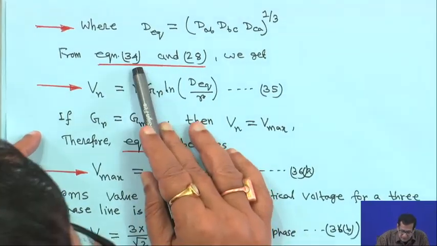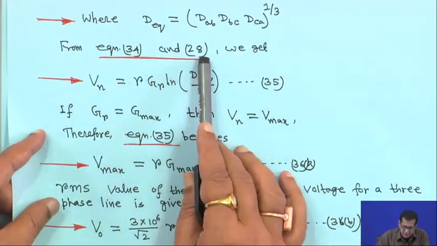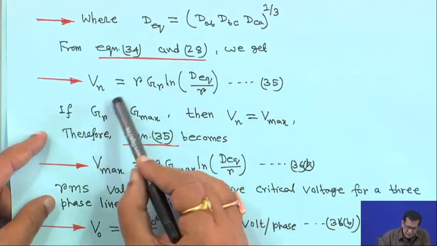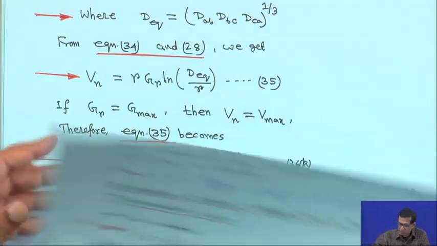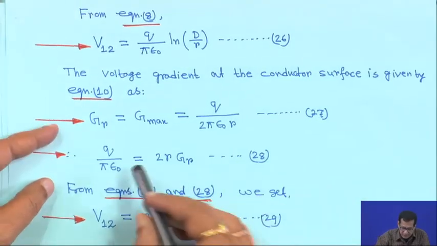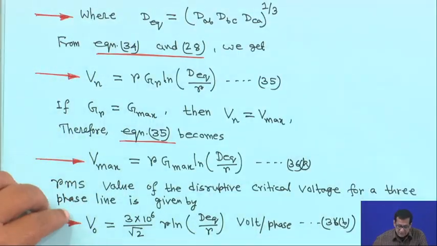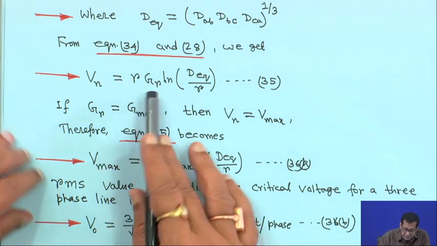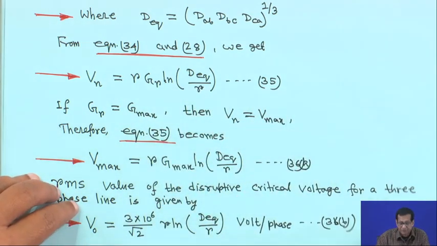From equations 34 and 28, we get: this is equation 34, and this 28 is q upon pi epsilon 0 2 r gr. So, from this equation we get that Vn is equal to r gr ln dq upon r, this is equation 35.